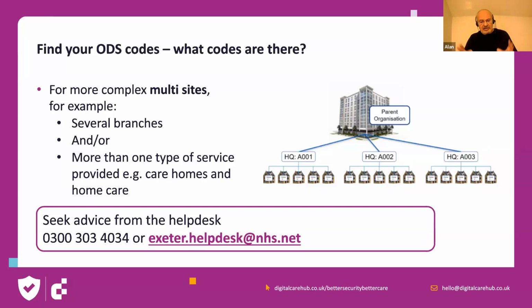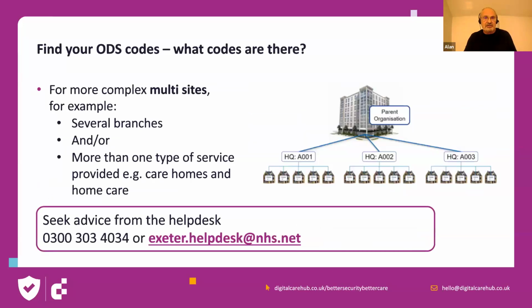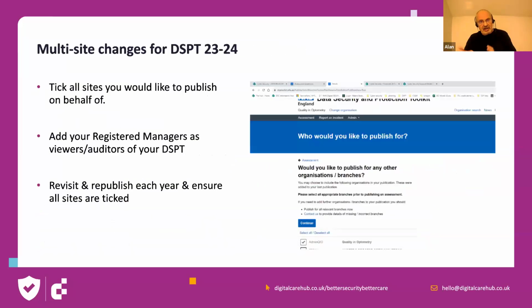If you are a multi-site organisation and you have previously looked at the DSPT, there have been some changes in recent times. And you can see that the diagram that's on the right-hand side of the slide there will give you the option to select the services that you wish to publish for.